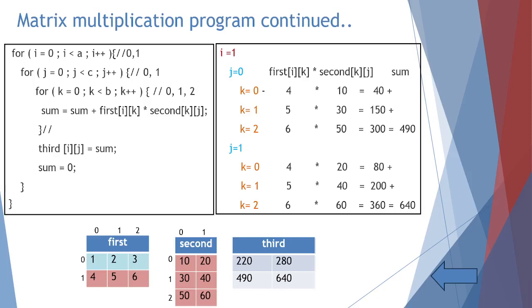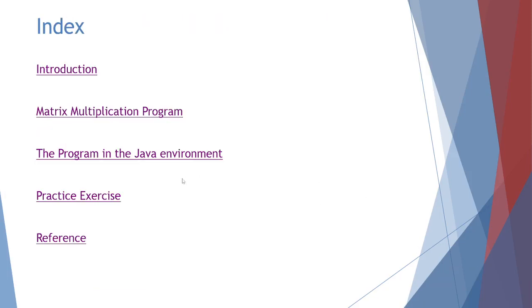So with the help of 3 lines of nested loop, then some innermost loop, then storing third of ij is equal to sum, and then reinitializing sum to 0. This is the matrix multiplication program. Now let's see the program in Java environment.